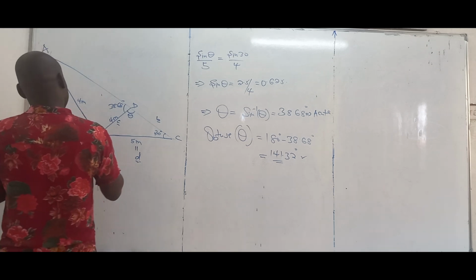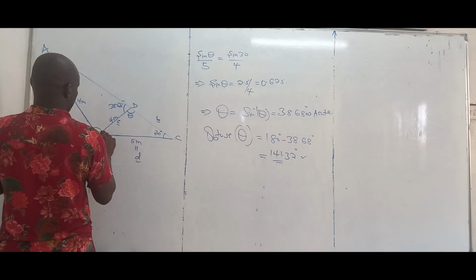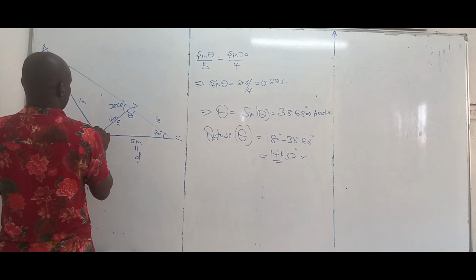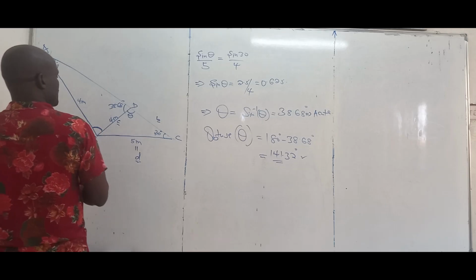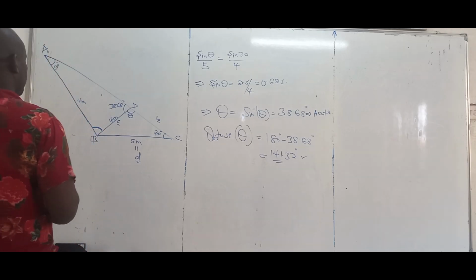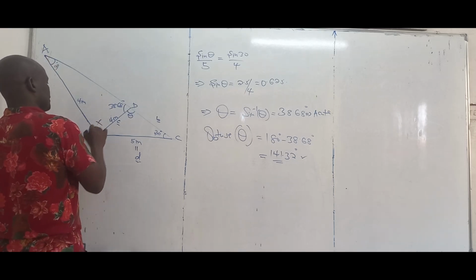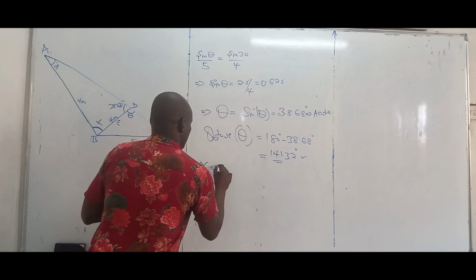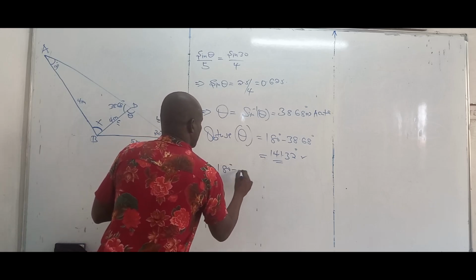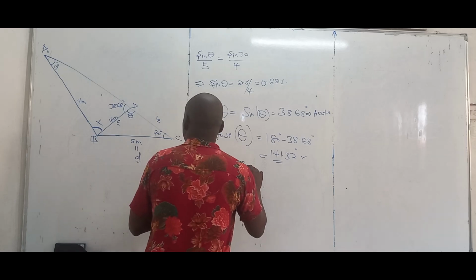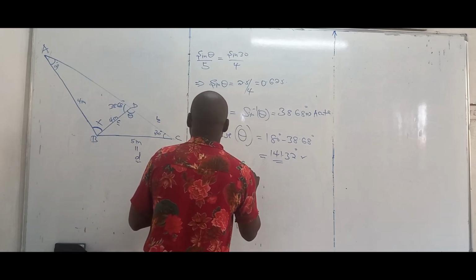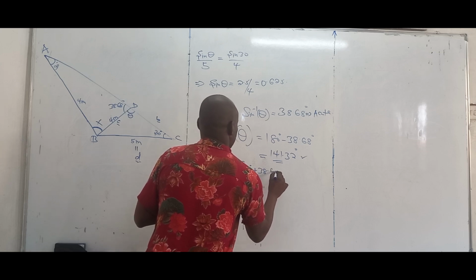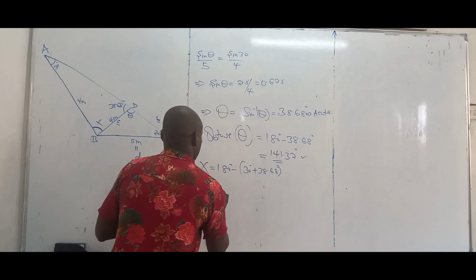So it means we can then specify this angle. So this angle here, let me call it X. So I'll be saying that X is then 180 degrees minus 30 degrees plus 38.68 degrees.